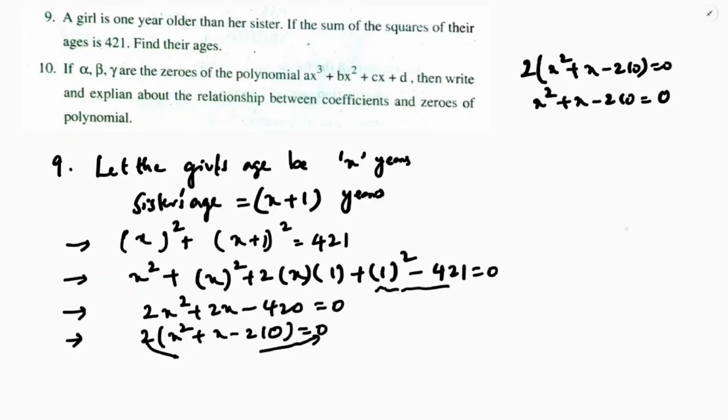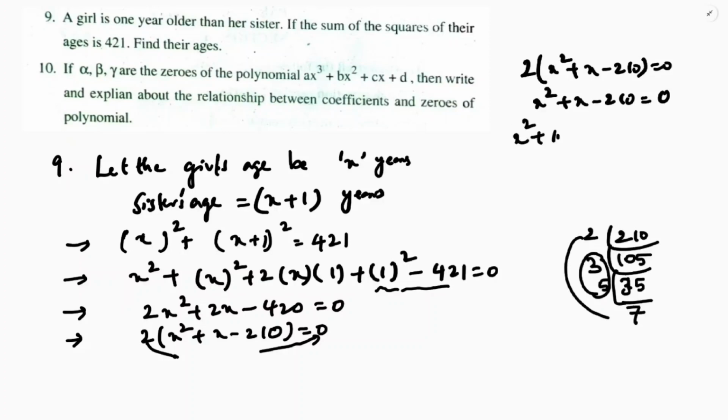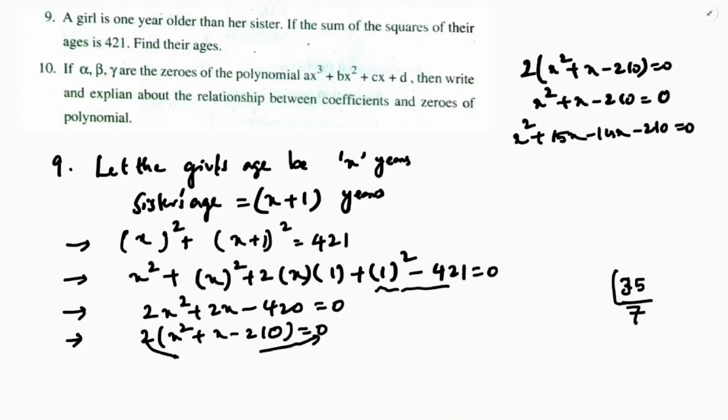So now 210 I need to get, I'll factorize by splitting the middle term. 2 times 105, 3 times 35, 3 times 3, 3 times 5 and 5 times 7. So 3 times 5 is 15, 7 times 2 is 14. So the factors are X square plus 15X minus 14X minus 210 equals 0.